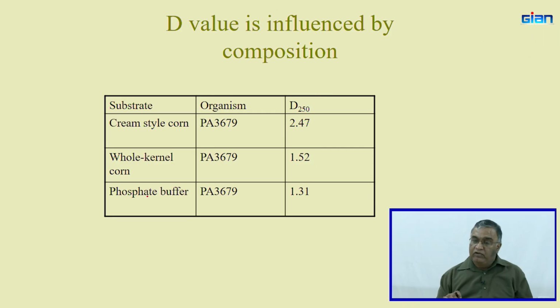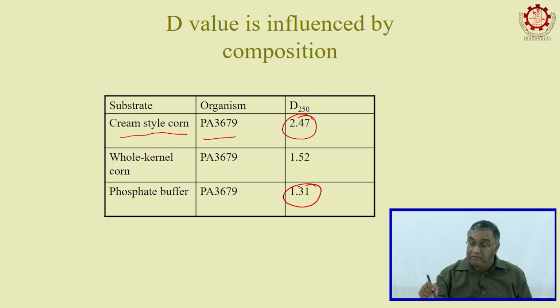The D value is influenced by the composition. So, for example, there is an organism called PA3679, which is Clostridium sporogenes. If you do it in cream style corn, it has a D value of about 2.47 minutes, whereas if you do it in phosphate buffer, it is 1.31.